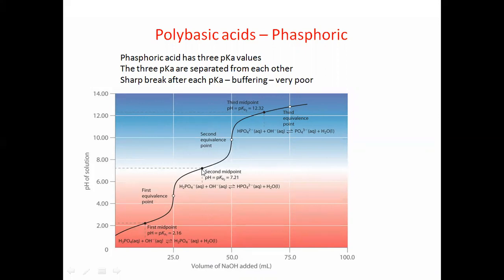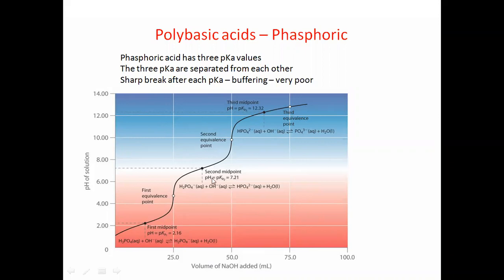This is called a half equivalence point, where the H2PO4 minus loses one more proton and becomes HPO4 2 minus. Watch closely. At the first pKa1, phosphoric acid loses only one proton, and the ion formed is H2PO4 minus.